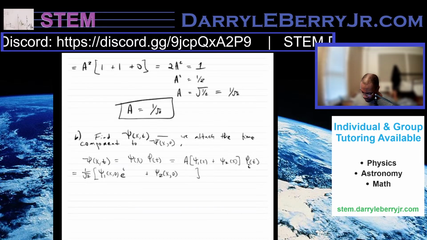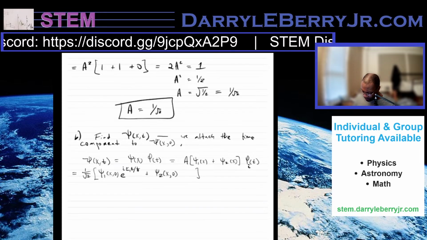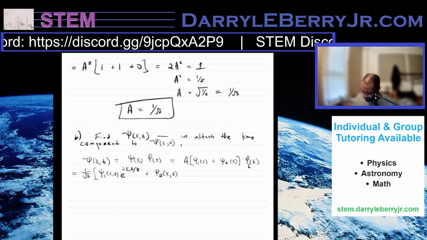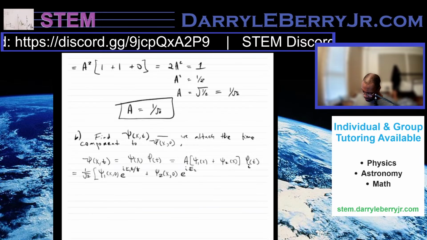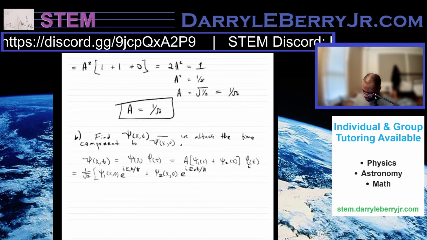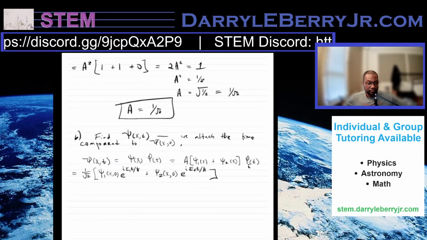This is e to the i E1 t over h bar and e to the i E2 t over h bar, because each one has to have its respective energy component.